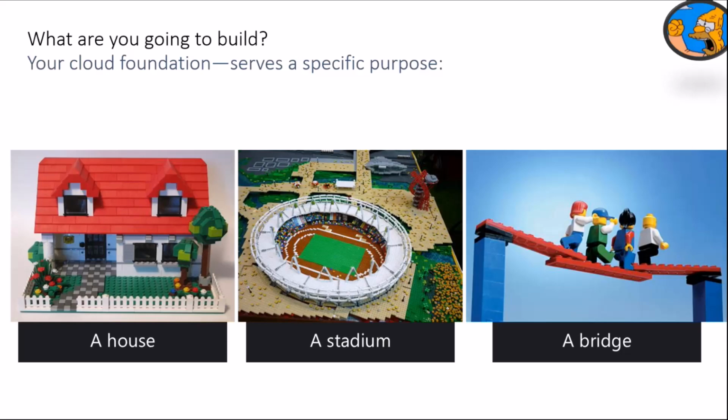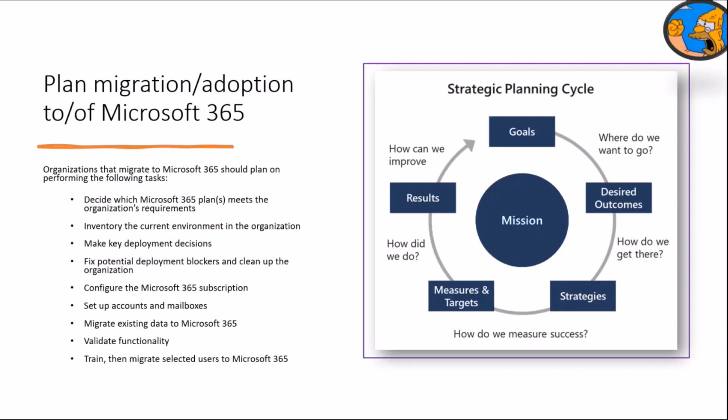Hence, the actual planning of the migration and the adoption of Microsoft 365 is a very important process which needs to follow a specific plan. And it is not only related to the IT operations, it's also related to the business operations, because whatever we decide to do, it will have minimum or in some cases huge impact on our users.